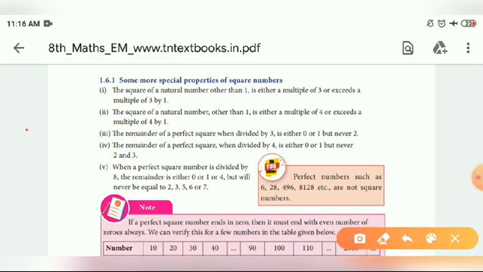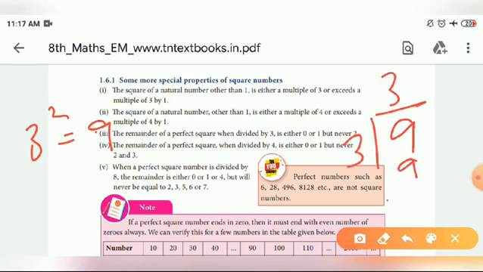Okay. The third one: the remainder of a perfect square when divided by 3 is either 0 or 1 but never 2. If we take a perfect square, 3 square means 9. If you divide 9 by 3, 3 3s are 9, so the remainder is 0. Sometimes the remainder will be 1, but never 2.